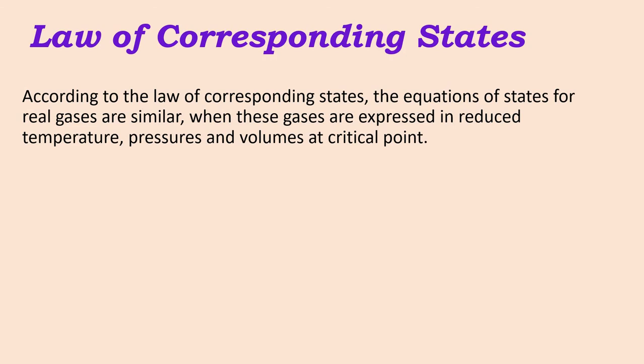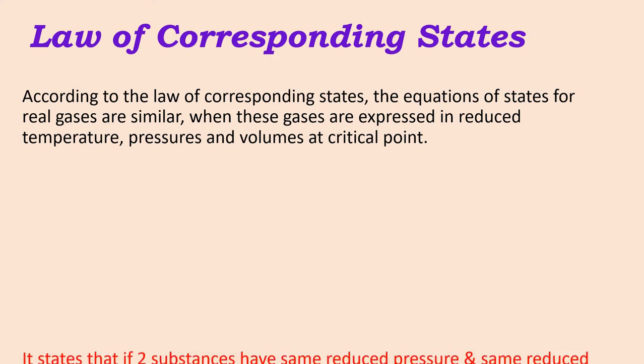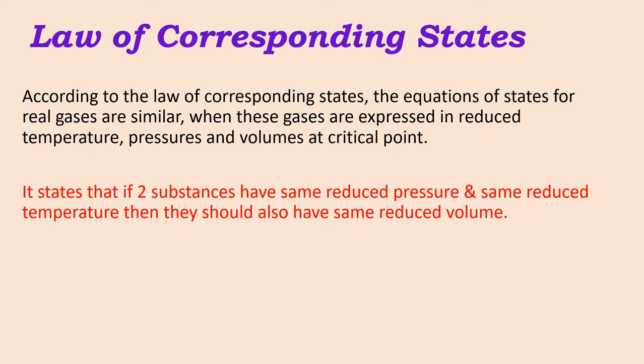According to the law of corresponding states, the equations of state for real gases are similar when these gases are expressed in reduced temperature, pressure, and volume at the critical point. It simply states that if two substances, consider substance A and substance B, have the same reduced pressure and the same reduced temperature, then they should also have the same reduced volume.